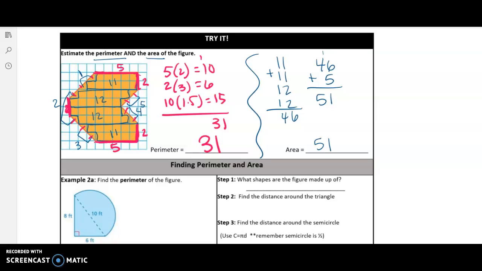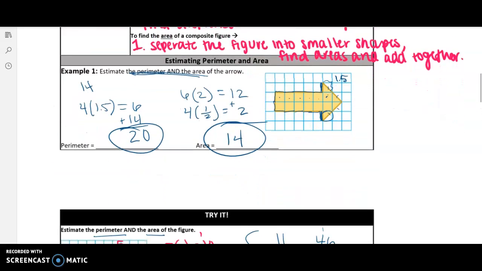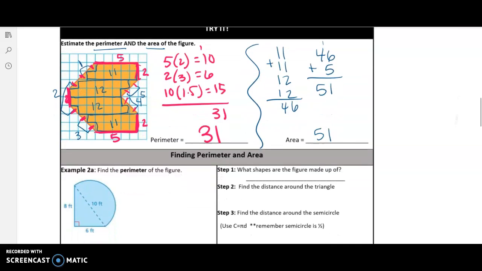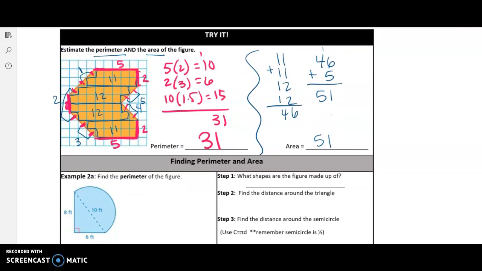And then I saw that there were 10 of these little half boxes, the ones that were cut by a diagonal. And I multiplied that by 1.5 because up here we decided that it would be a little bit more than the length of the box. So I called it 1.5. And then I added all those together and I got 31.